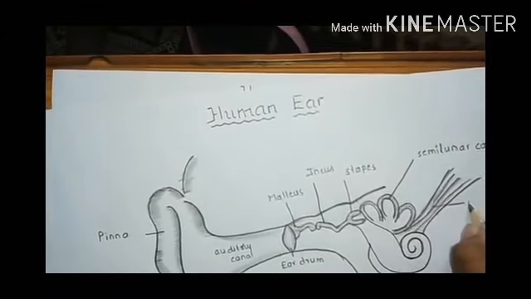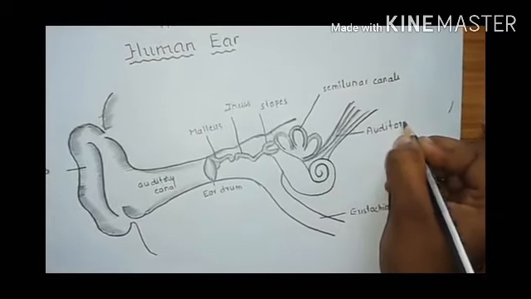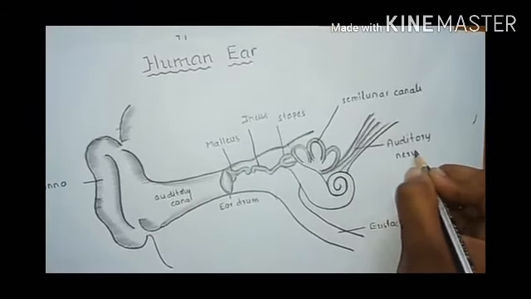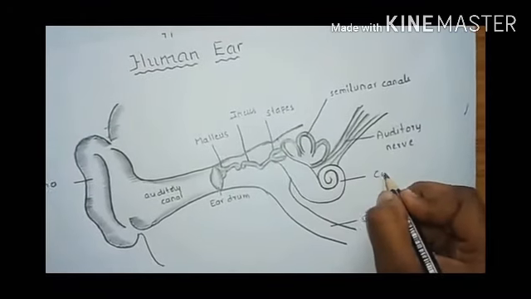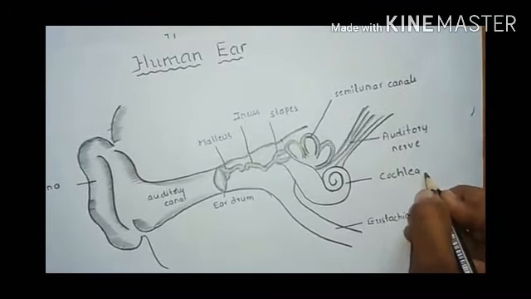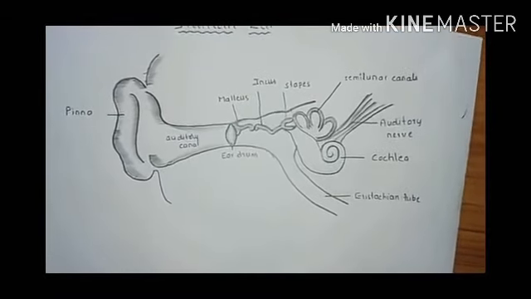Then this is the auditory nerve. And this is the lower part of the inner ear, that is cochlea. So this is your human ear, which will be asked for a 4-mark question.